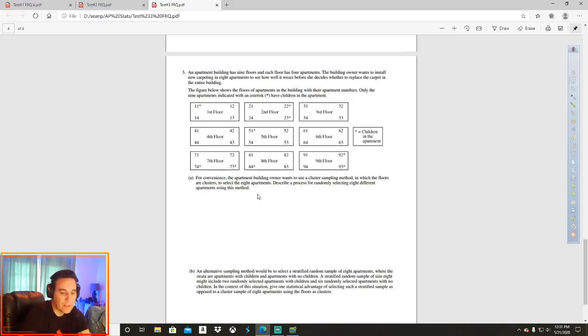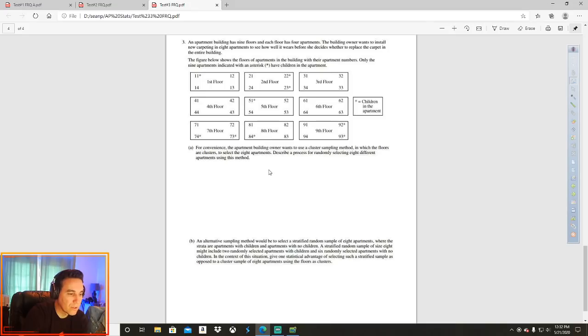They were doing it incorrectly on that one. So the clusters have already been identified. So usually if they want you to do a cluster sampling, they probably have identified what the clusters are for you. And then you need to remember that when you pick a cluster, you just pick a certain number of clusters that you need, but everyone in that cluster will get surveyed, or will get, on this one, carpets.